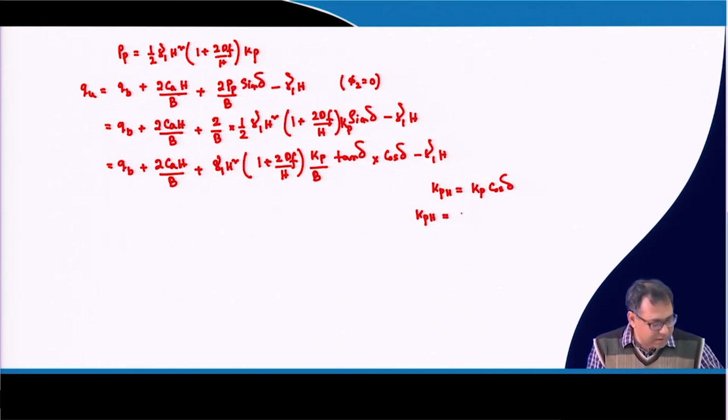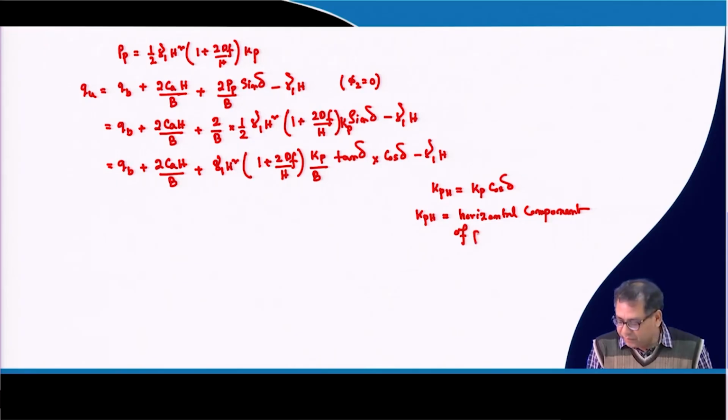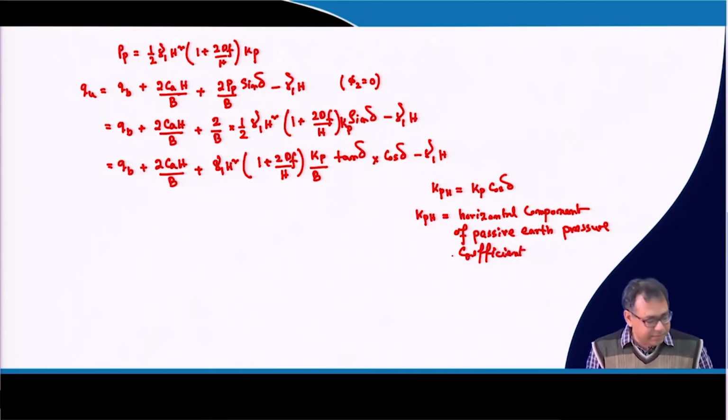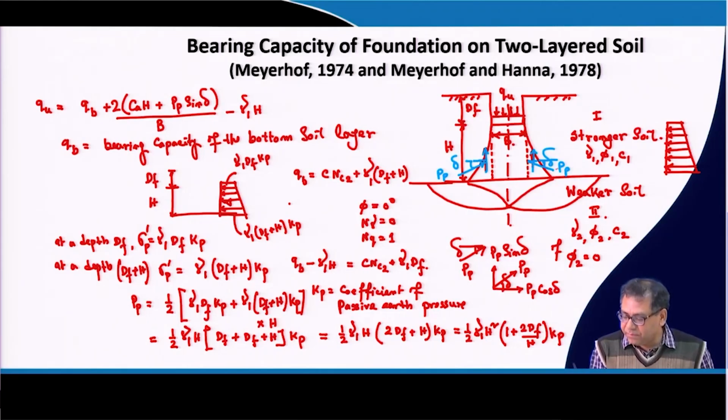So, that means this is basically what is Kph. Kph is the horizontal component of the passive earth pressure coefficient. As I mentioned, if you look at these equations, here your Pp is acting at an angle delta. So, it has one horizontal component and one vertical component.